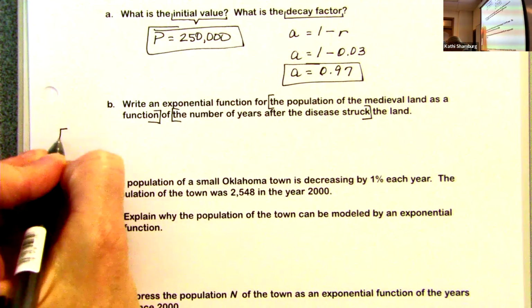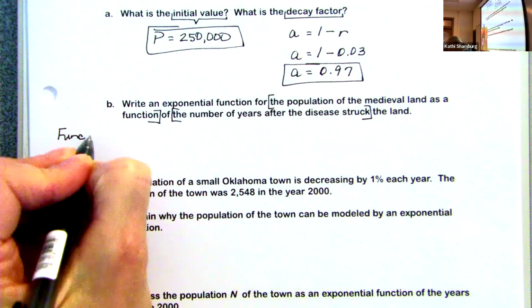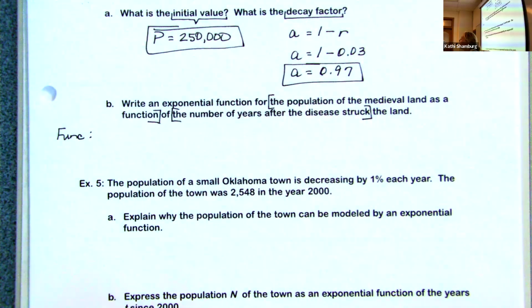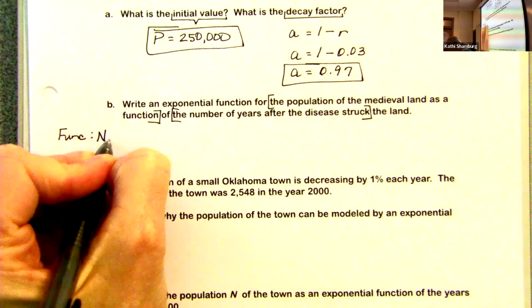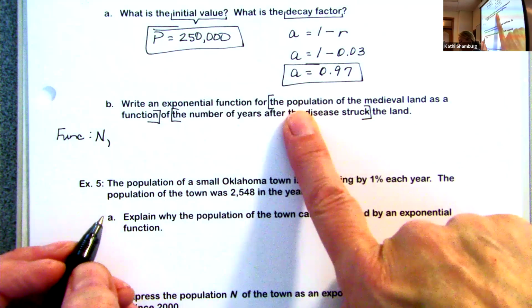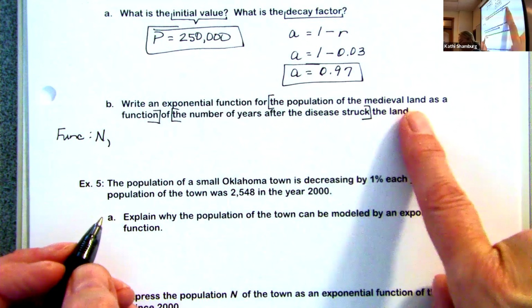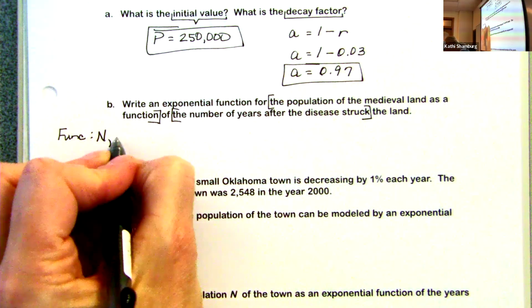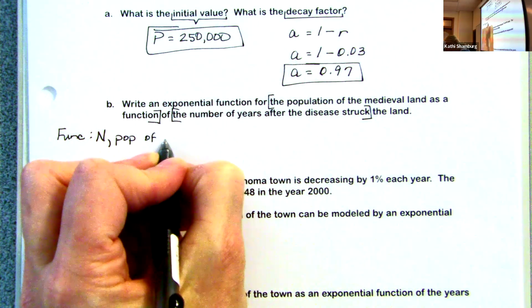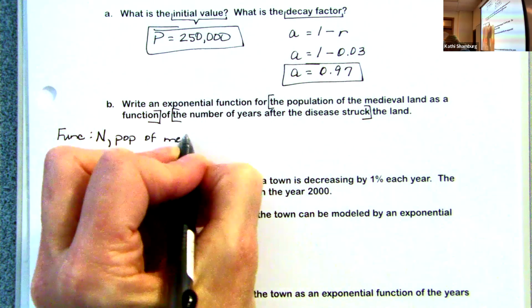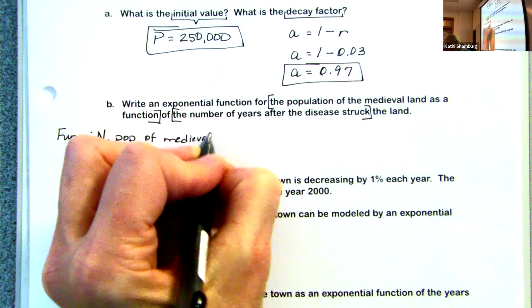So if I asked you to write the function, what letter in the exponential model do we use for the function? N. And so N is the population of the medieval land. So I'm just going to write population or pop of medieval land.